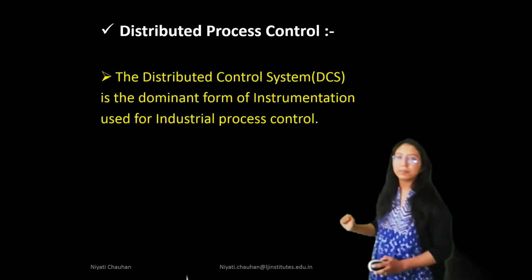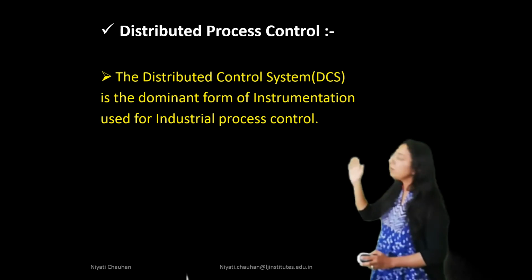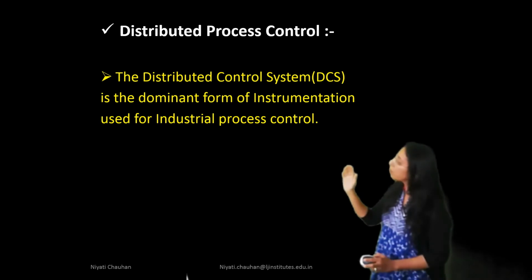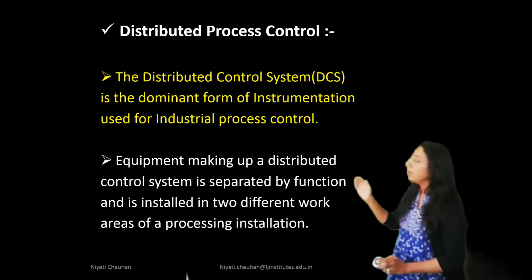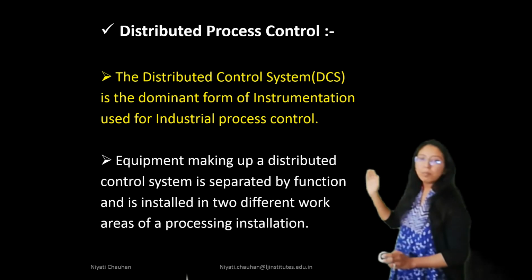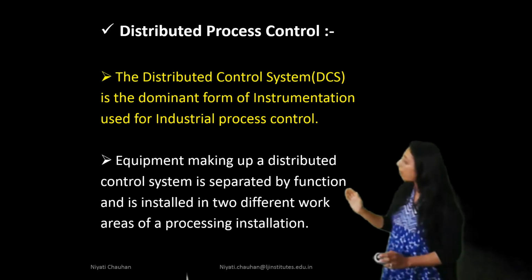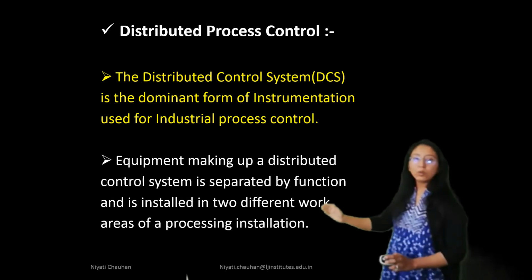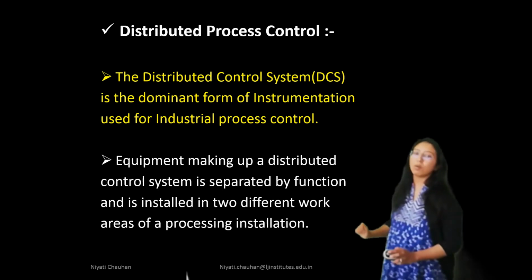The distributed process control is the dominant form of instrumentation used for industrial process control. Equipment making up a distributed control system is separated by function and is installed in two different work areas of a processing installation.